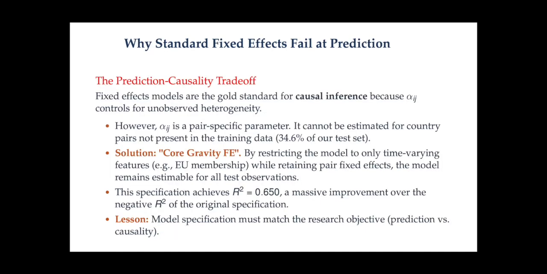So here I introduce why the standard fixed effect model fails at predictions, which is a general phenomenon, and it also has some issues with each one of the variable selections, and also some kind of intrinsic issue with the distance value, as I mentioned before. Distance doesn't change as time changes. So we have an intrinsic trade-off between prediction and causality.